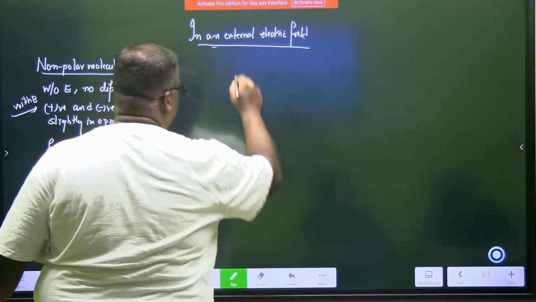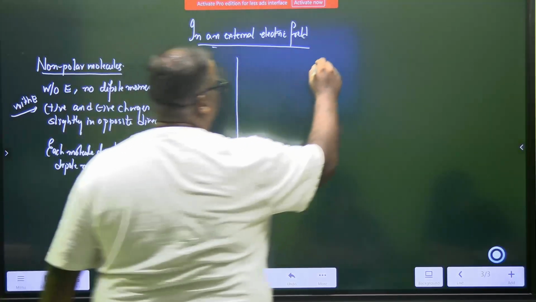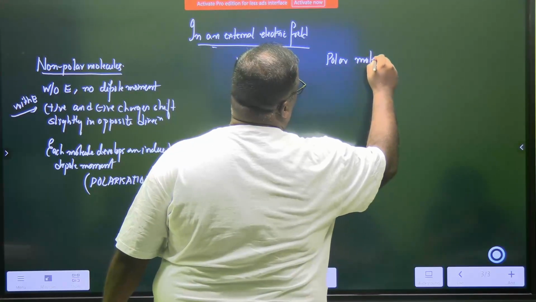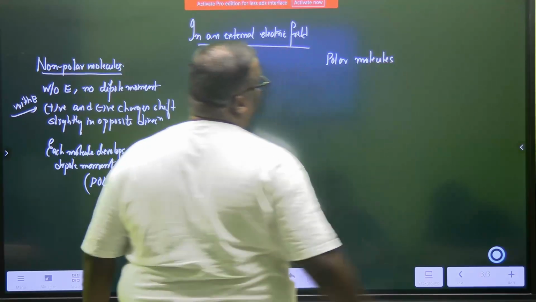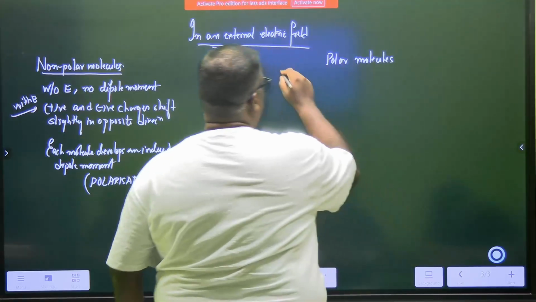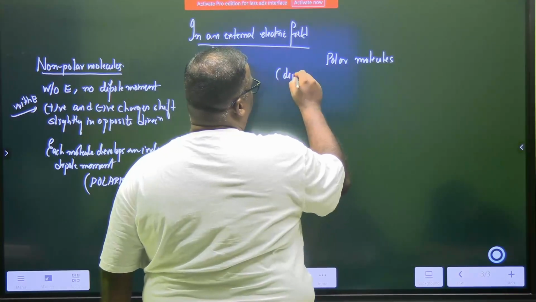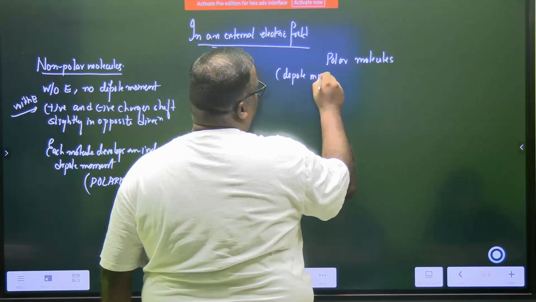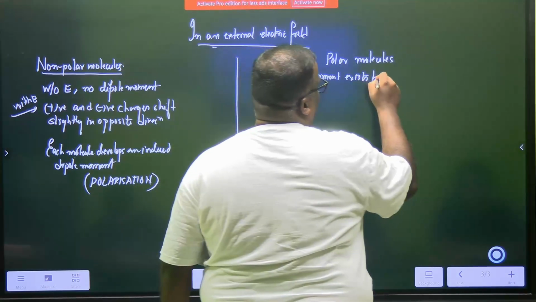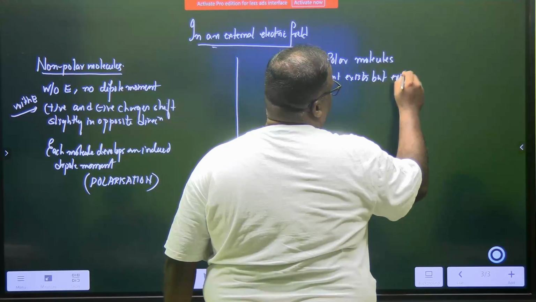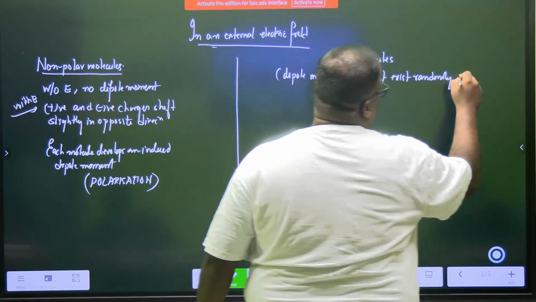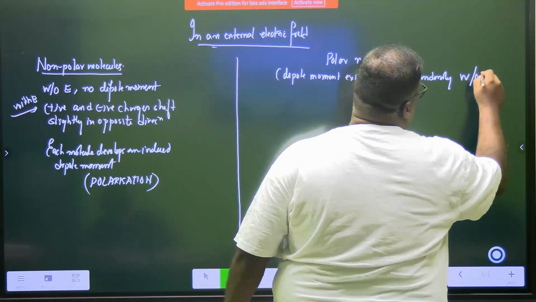Let's see what happens in polar molecules. Remember children, in polar molecules, even if you don't apply any electric field, there was a net dipole moment already with them. So here we say the dipole moment exists, but exists randomly. This is without an electric field.